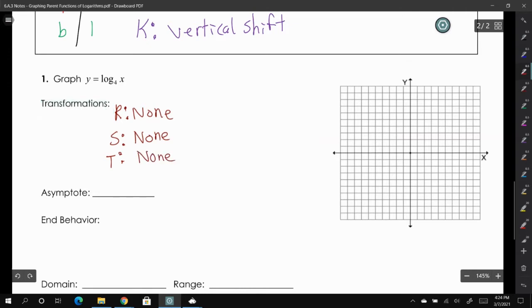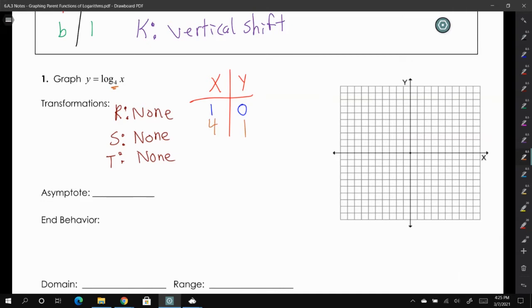Now when we do our table, we do x, y, and we're going to have the point 1, 0, and then our base here, our base is 4. So 4, 1 is going to be our other point. So let's plot those. 1, 0, and 4, 1.